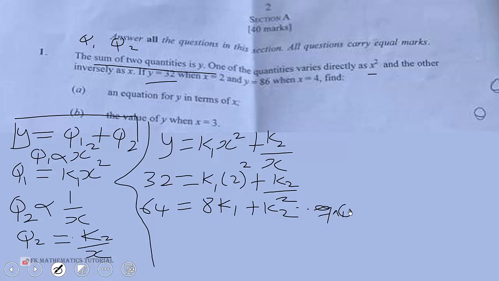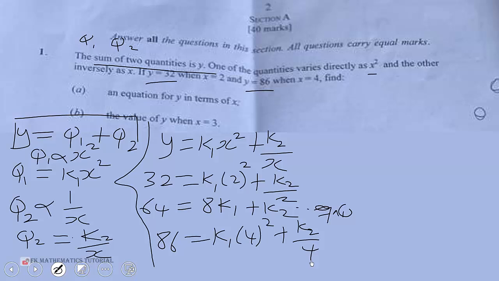Then we also have when y is 86, x equal 4. So we put 86 equals k1 times 4 squared plus k2 over 4.